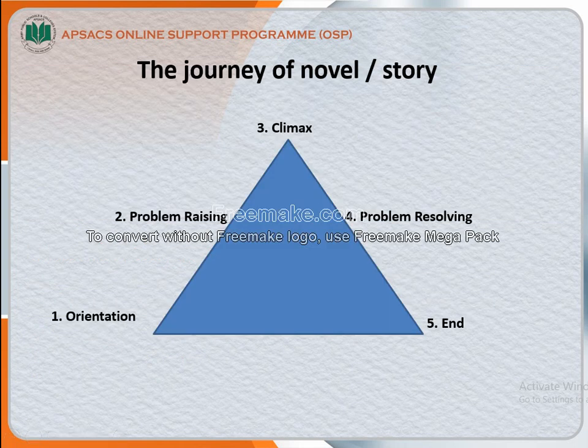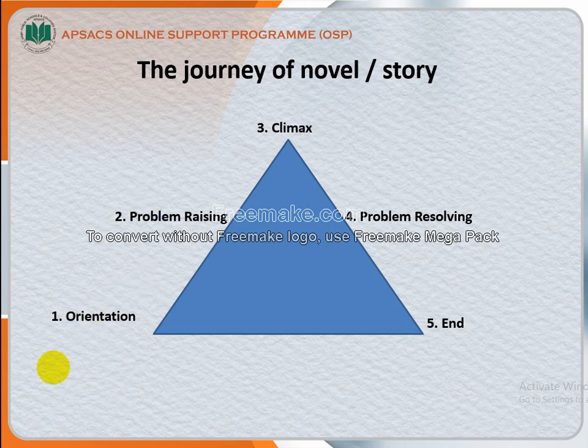So proceed to the novel journey. I included this novel journey for your understanding because our novel starts from the orientation, and orientation means introduction. Introduction of what? Introduction of the main characters, the setting and the main plot. What is plot? Plot is action and what is happening in the story.